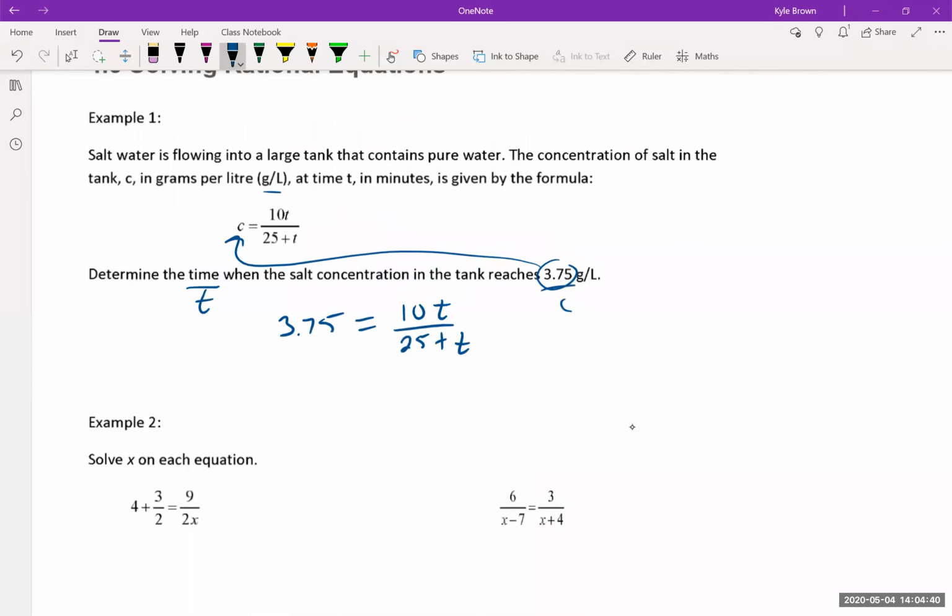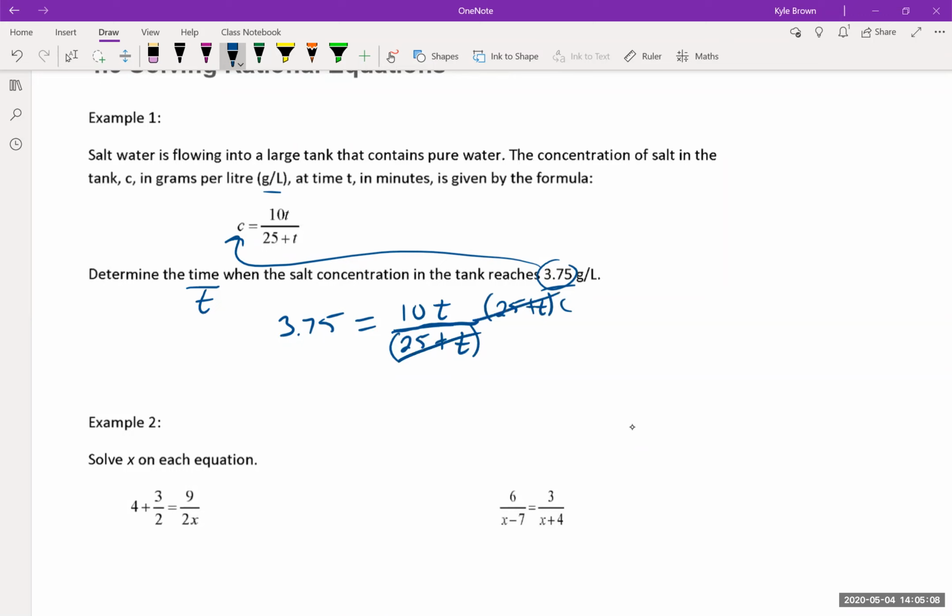So back to our question here. Now we've got two t's to solve for. What I'm going to do to begin with is, I don't like this part being down in the denominator. It's a bit of a rule of thumb, usually we want to get that out of the denominator. Right now I'm dividing by that, so I'm going to multiply both sides by 25 plus t.